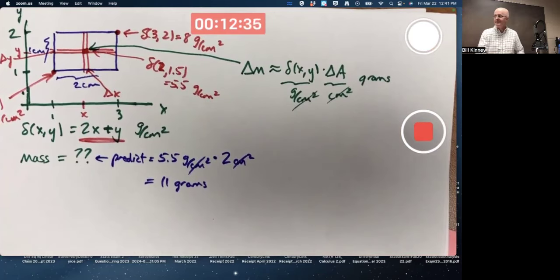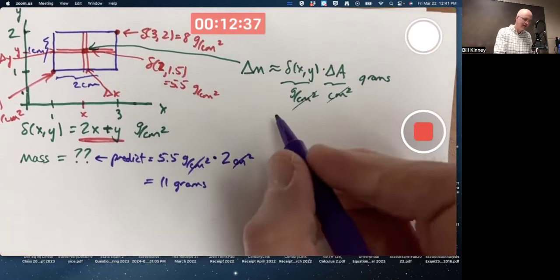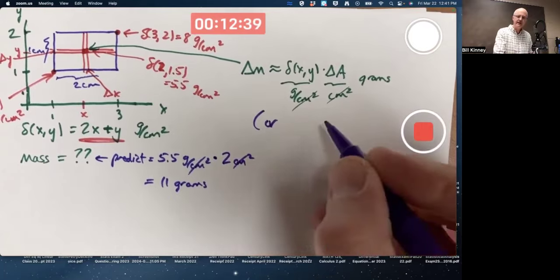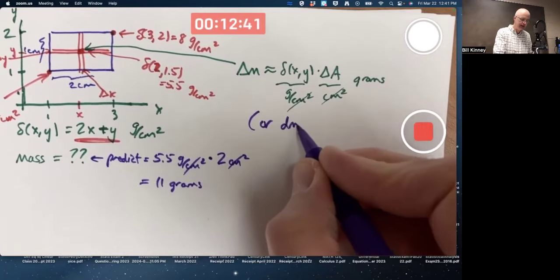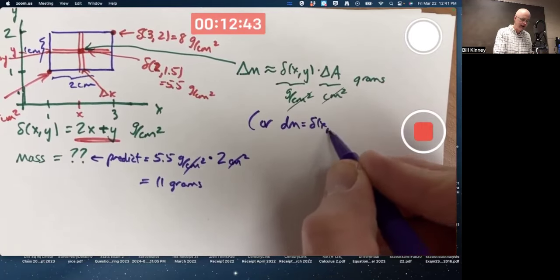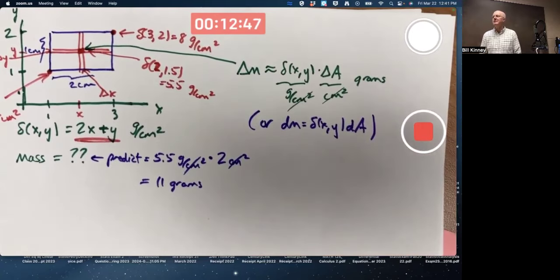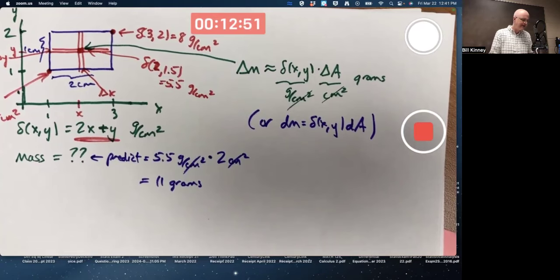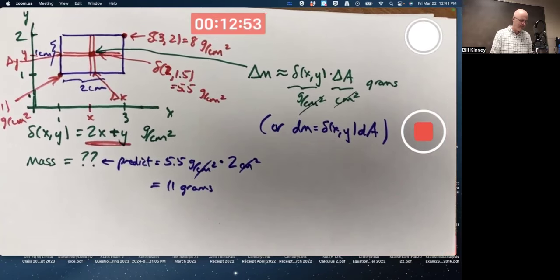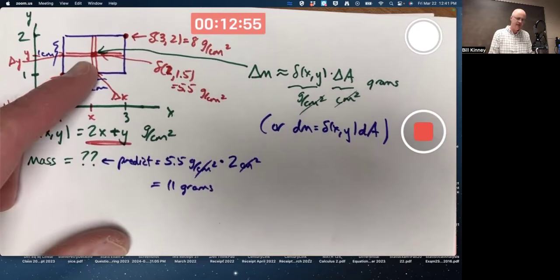Let me write down the infinitesimal version of this too. I'll put it in parentheses here, or dm equals delta of xy dA would be the infinitesimal version of that. What's delta A though? It's a rectangle.